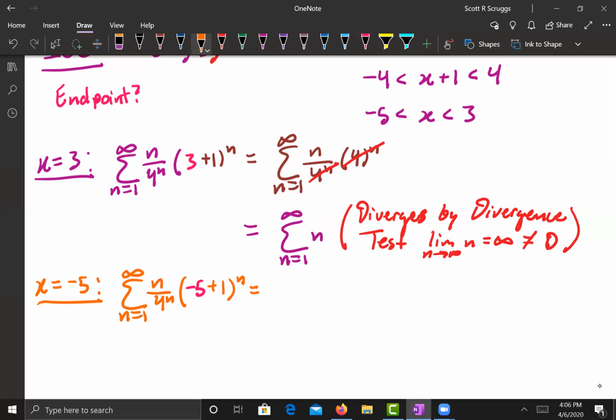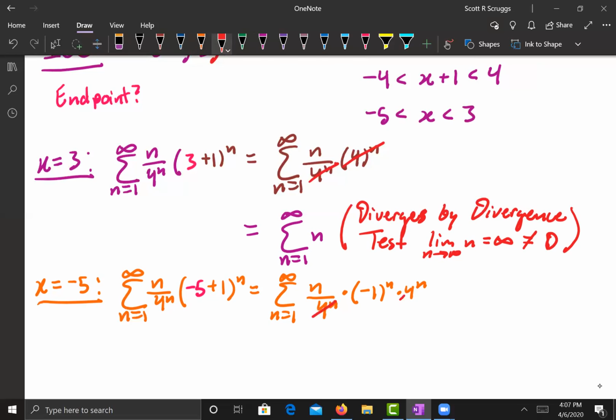So I have negative 4 to the nth power, or I'm going to go ahead and rewrite that as negative 1 to the nth power times 4 to the nth power. Because I have negative 4 raised to a power, I rewrote it as negative 1 to the n times 4 to the n power.